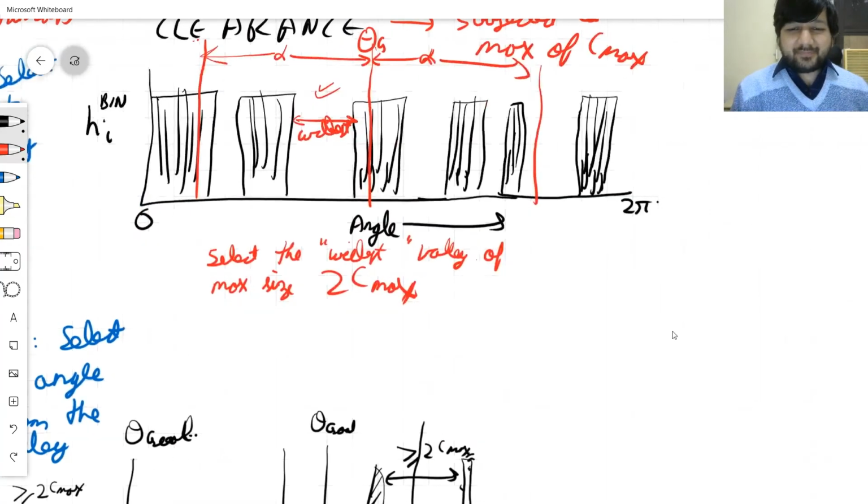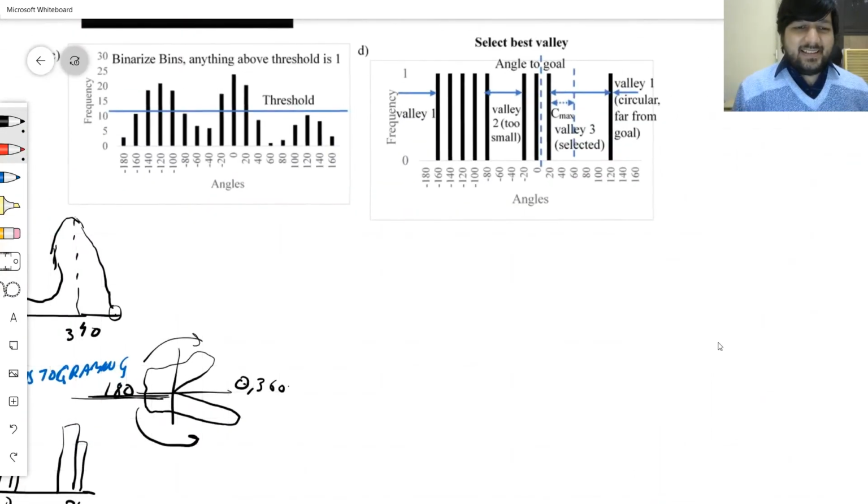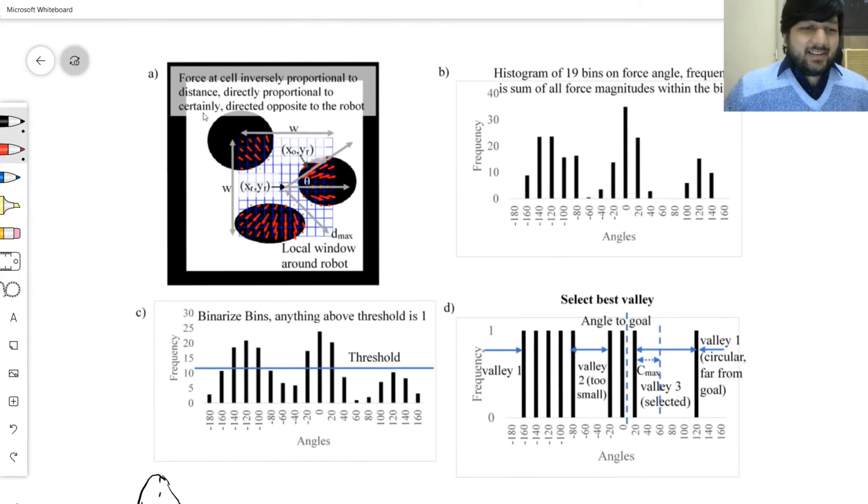So let's take it up in a slightly more visual sense. This is my obstacle, these are my angles, and the obstacle has a certain certainty. If I apply the polar histogram density in angles of 20 degrees, here it's from minus pi to pi.